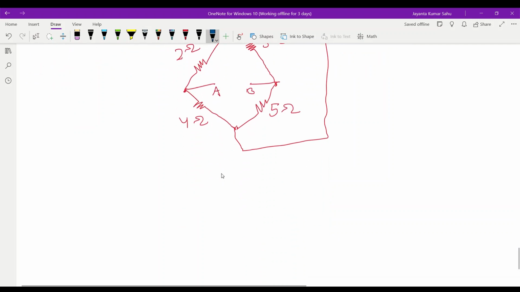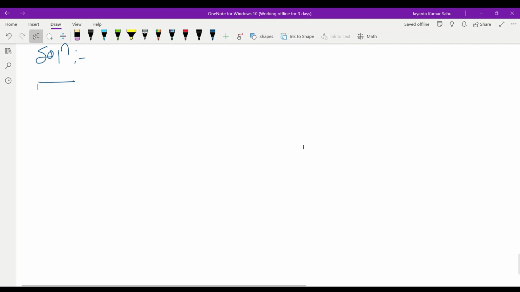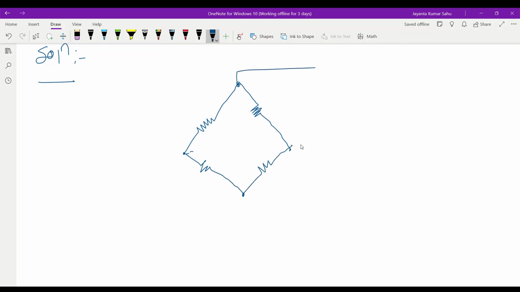Again we redraw this circuit in the solution. The original circuit: this is the terminal A, this is the terminal B. Here 2 ohm is available, 3 ohm, 4 ohm, 5 ohm.